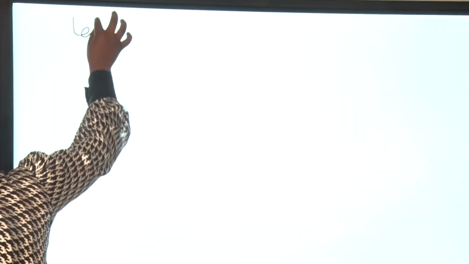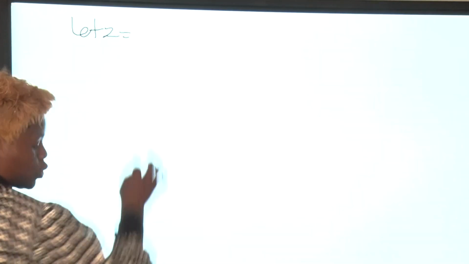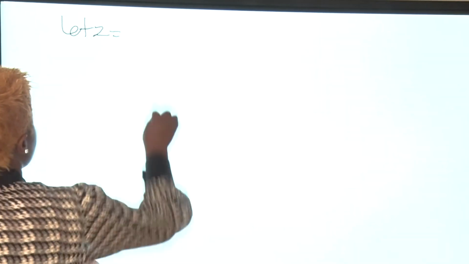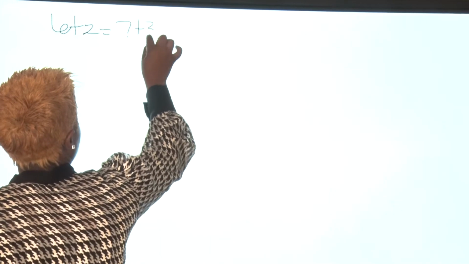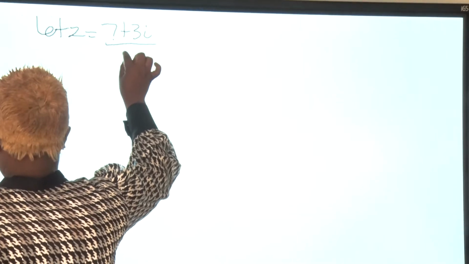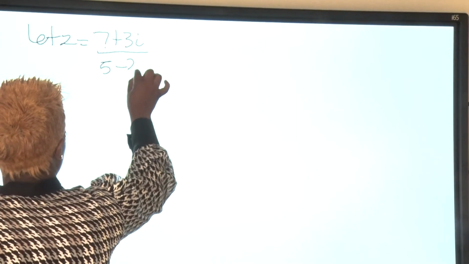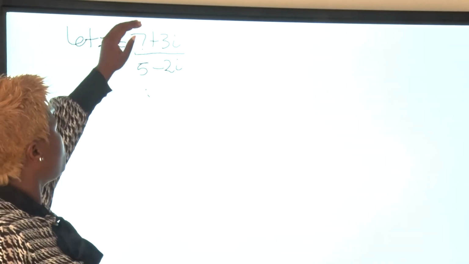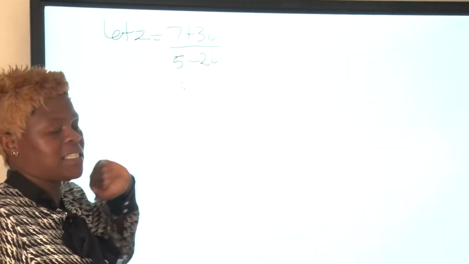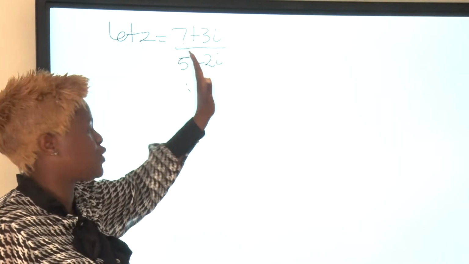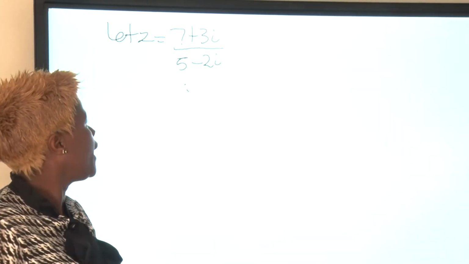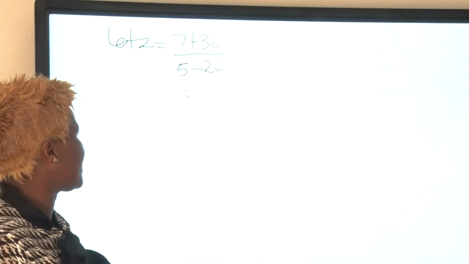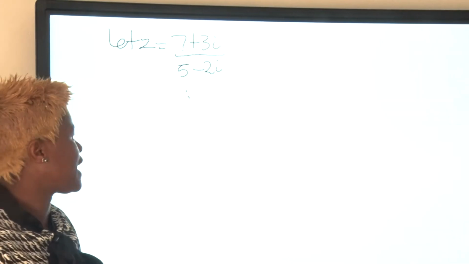We say let z is equal to 7 plus 3i over 5 minus 2i. What do we do here? We multiply the denominator and the numerator with the conjugate of 5 minus 2i. The conjugate of 5 minus 2i is 5 plus 2i.